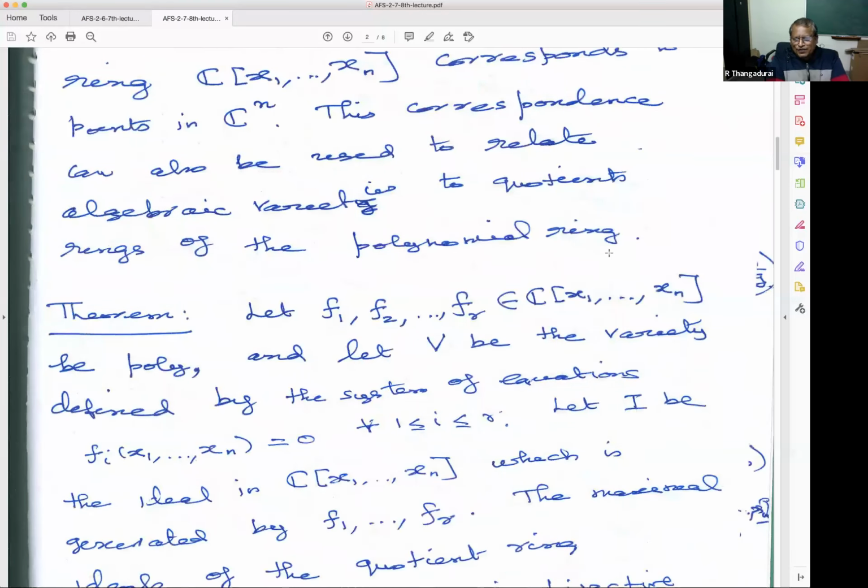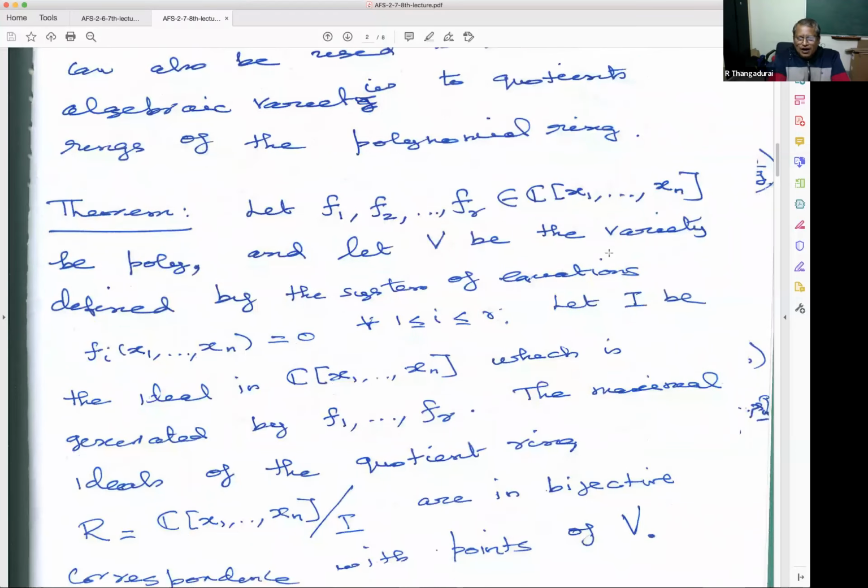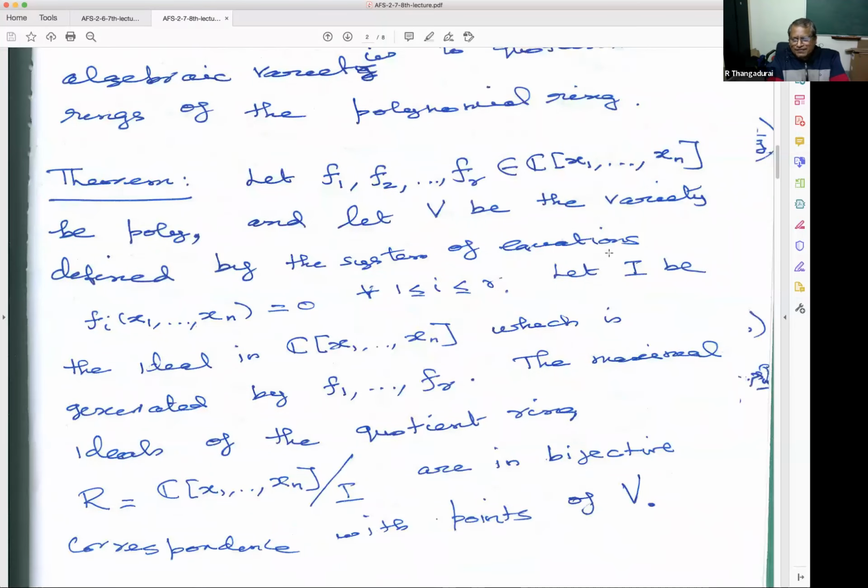Let F1, F2, F3, ..., Fr be polynomials, and let V be the variety defined by the system of equations Fi. It means the set of simultaneous solutions over C is nothing but V, the variety.